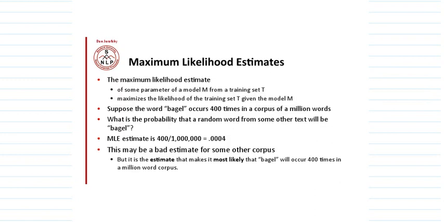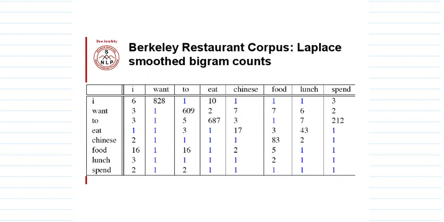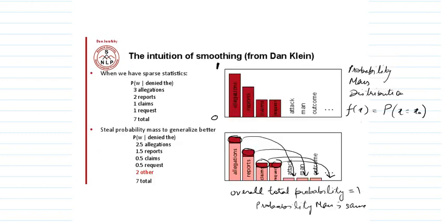So suppose this is the bigram table. In this bigram table, whatever test data I have, I can have any kind of test data. Let me take these previous words: attack, man, and outcome.